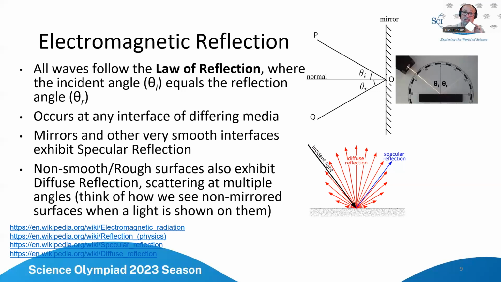And what ends up happening is that light goes in a whole bunch of different directions. And you'll notice here in the red lines, it shows the diffuse reflection. And that's why I can see this pad no matter which way it's pointed.